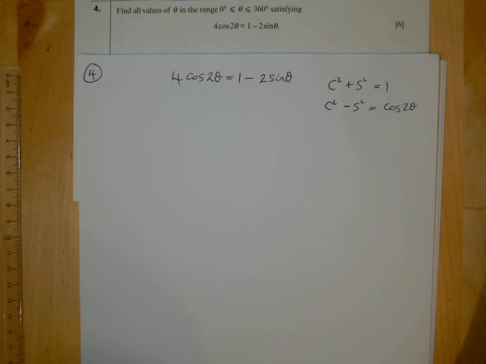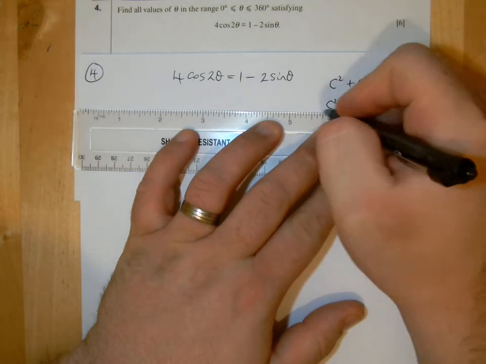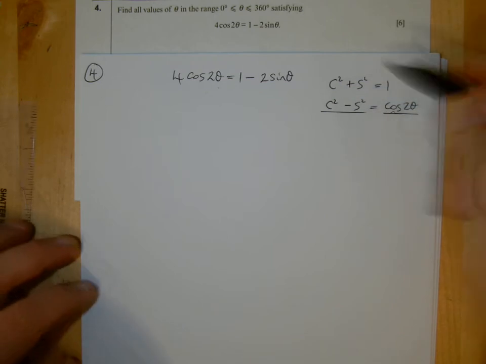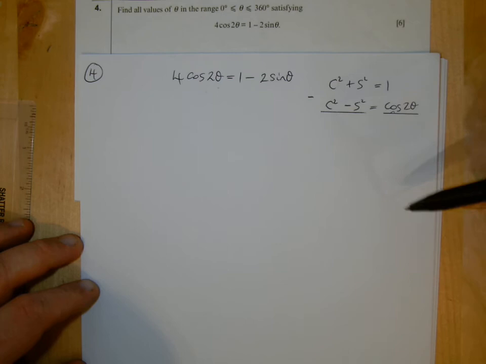Now, just like we had before, we can look at the two equations here. Before, in the previous question, we added them. If you take them away this time, let's see what we get. Cos squared take away cos squared is 0.